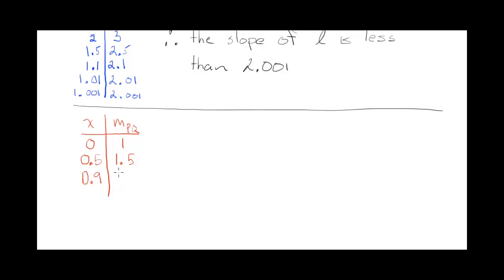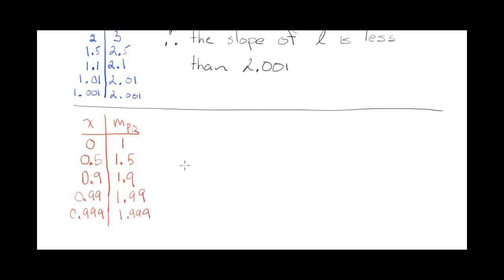If you did 0.9, put it into the formula, you'd get 1.9. If you did even closer, 0.99, you got 1.99. And you can go as close as you like. Keep going. And it's when you get 1.999. You have to do the calculation, but that's what you'd end up getting.